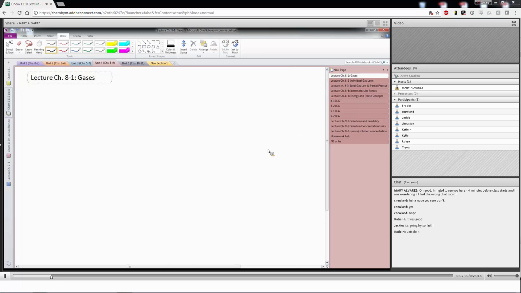Okay, so here now we're going to introduce gases and the properties of gases. And gases are actually super interesting because it turns out that all gases behave exactly the same or very similarly.